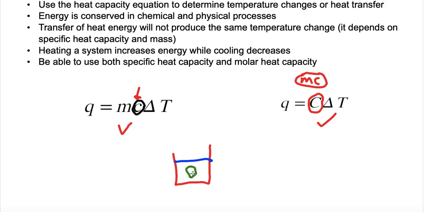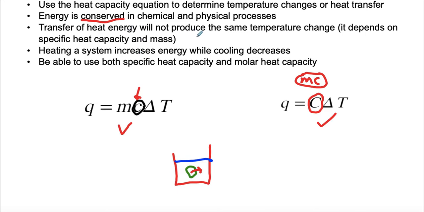Maybe the heat goes from the chemical or the object to the water, and the amount of heat lost by the object is going to be the amount of heat gained by the water.